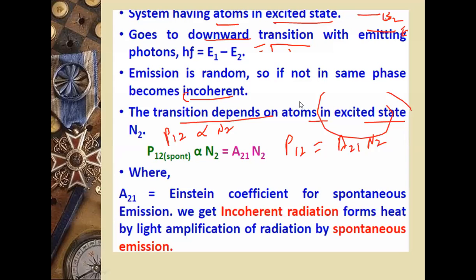So B21 we wrote there, B12 here, A21. A spontaneous emission comes from the higher energy level to the ground level. So that is called A21. N2 is the number of atoms present in the excited state.